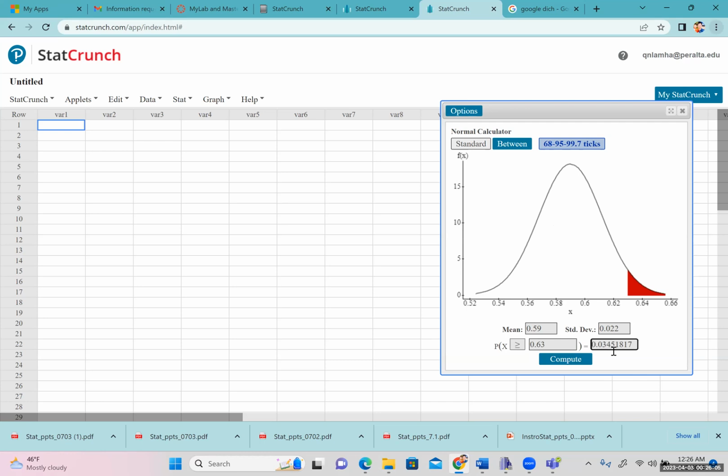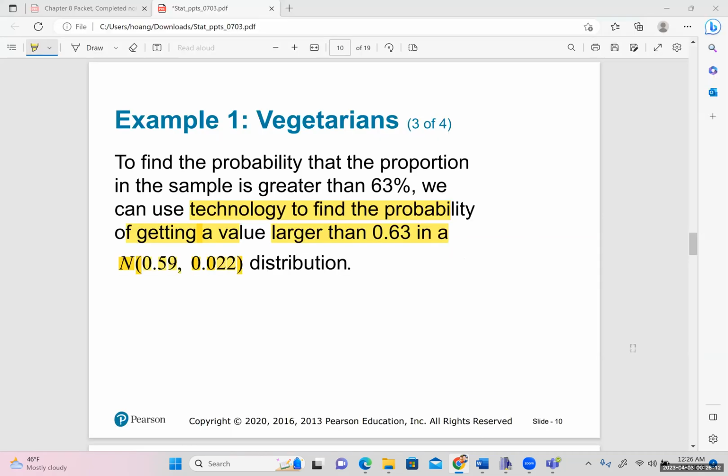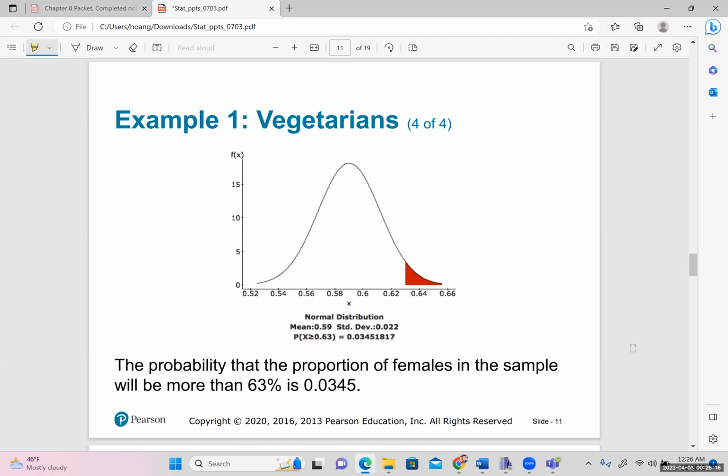So you should get 0.0345 and so on, right? That's the way to use StatCrunch.